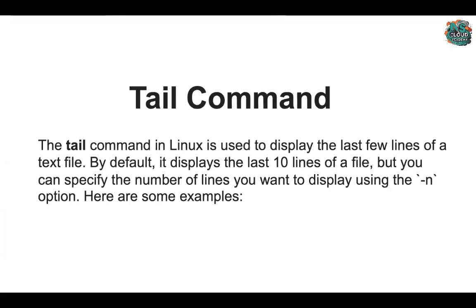Just understand head and tail commands, all options are almost the same. Just differentiate: you use tail when you want to see the last lines of output, and you use head when you want to see the first lines of the file. The syntax is also the same: command, option, and then file.